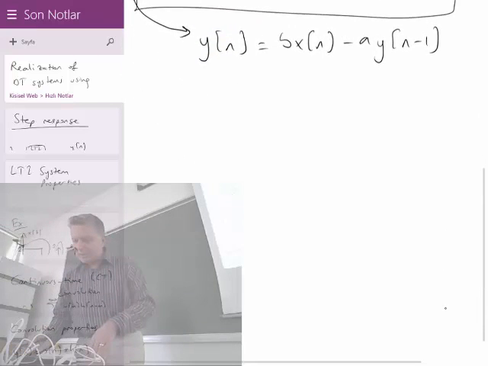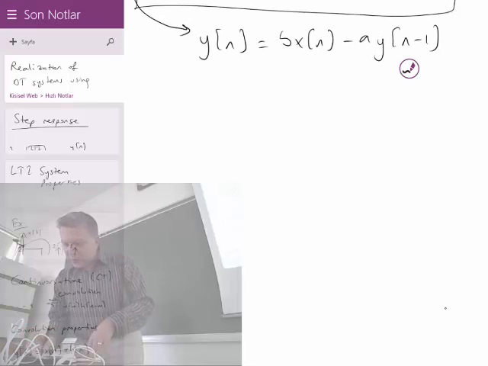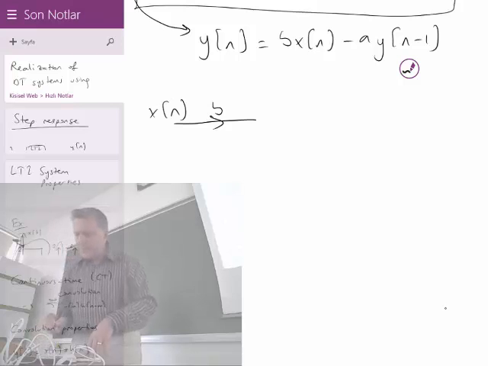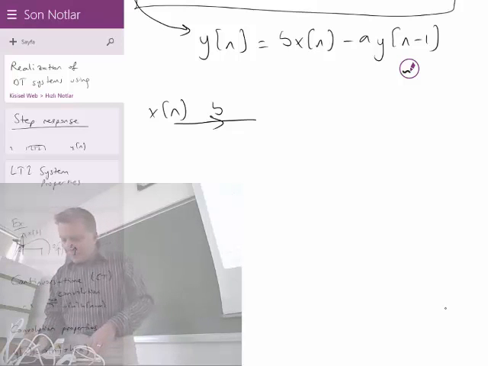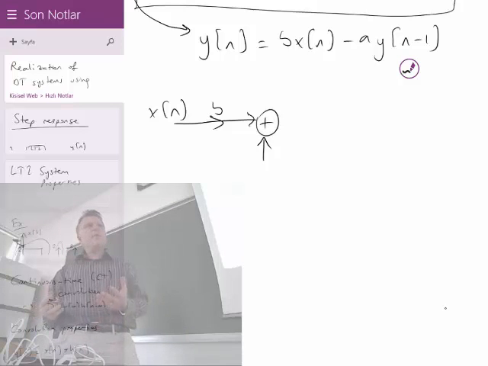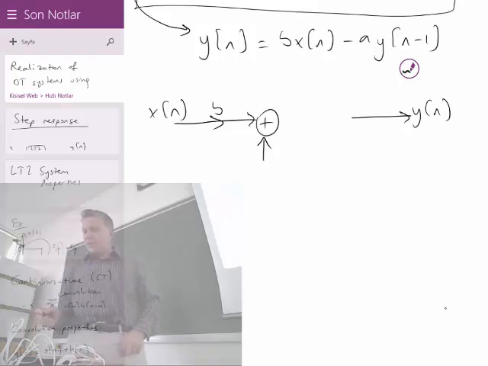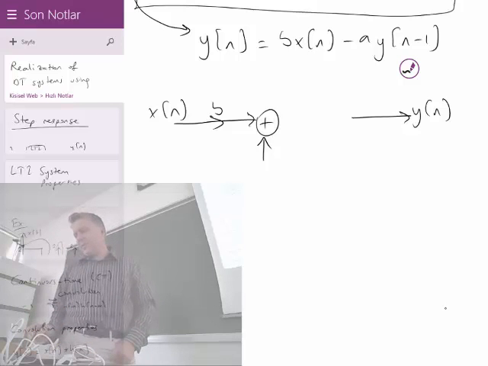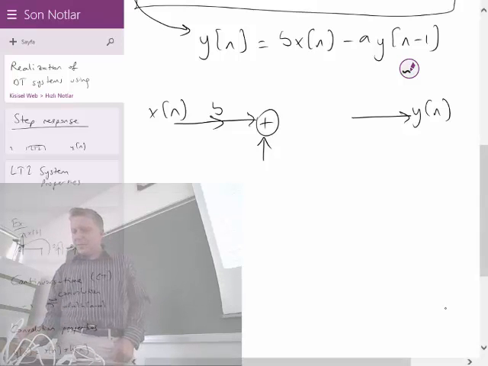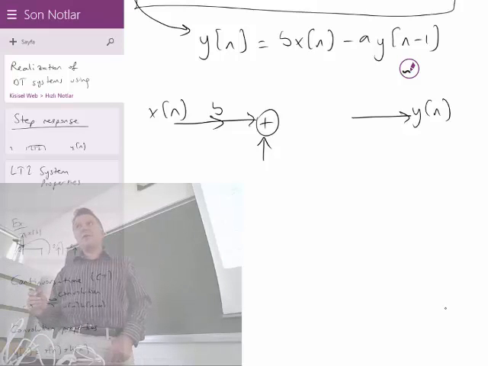So now that I have more space, the input x of n will be scaled by b, and it will be added with a version of the output, where the output is, of course, y of n. Now, how can we get a y of n minus 1? Because at the input, we must have y of n minus 1 somehow.